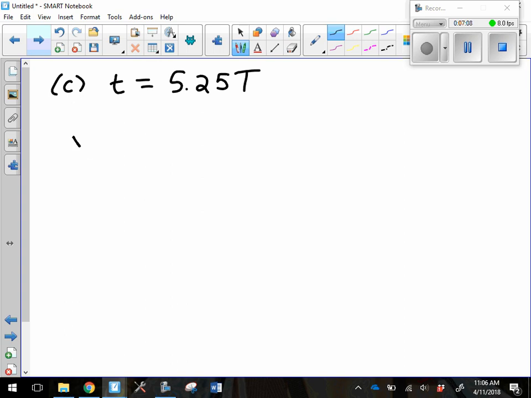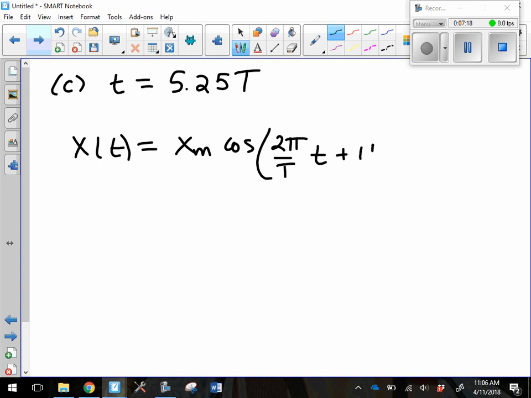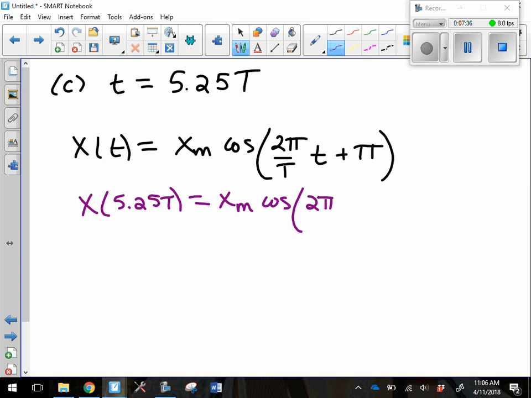All right, so again, we know that x of t is going to be xm cosine 2 pi over capital T times little t plus pi, because all we're really doing here again is plugging and chugging. So x of 5.25 T is going to be xm cosine 2 pi over T times 5.25 capital T plus pi.